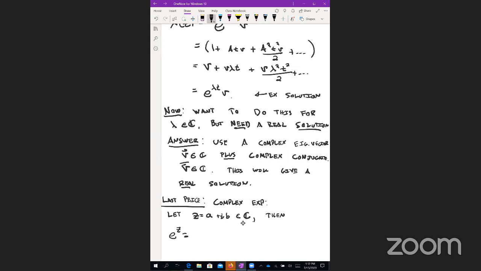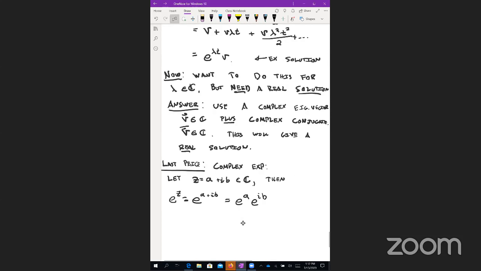Before I do that, I'm going to write this as e to the a plus ib and pull off the real part, e to the a times e to the ib. Let's put it through the power series expansion, remembering that i squared is equal to -1.